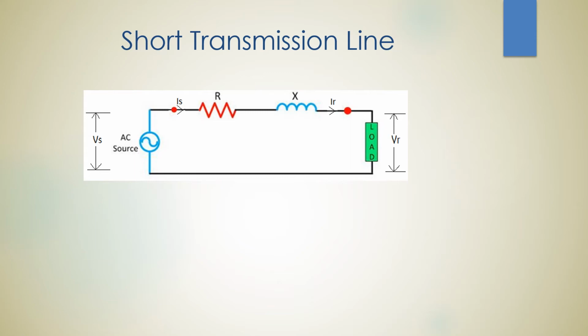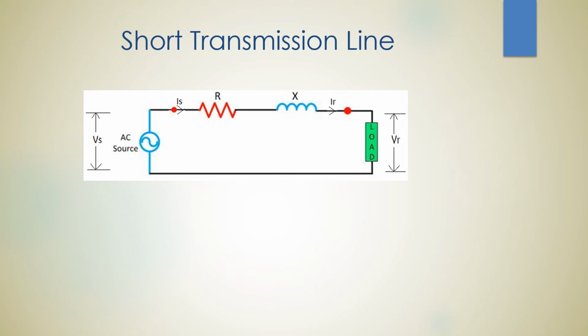Capacitance is present in the circuit and the charging current is flowing through the capacitor. But for short transmission line, as it is short in length and carries less voltage, the charging current is neglected, and hence we are neglecting the shunt admittance branch, and the line is only represented by the input source, resistance, inductive reactance, and the load it is connected to.